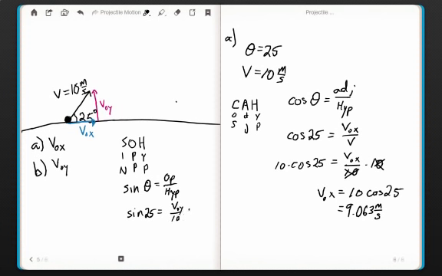At this point we can multiply both sides by 10, and we get v initial y, I'm just swinging that variable over to the left because that's what I like for my solve variable to be on the left. If we plug that into our calculators, we get 4.226. Uh-oh, there should be a 2 right there. Meters per second. Congratulations! You solved for v initial x and v initial y.